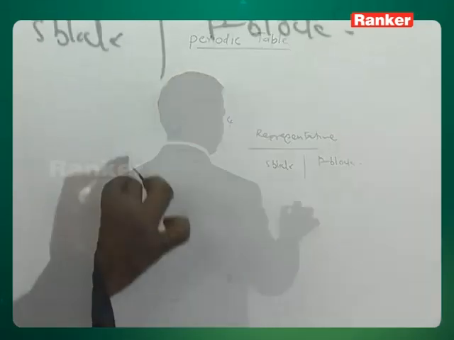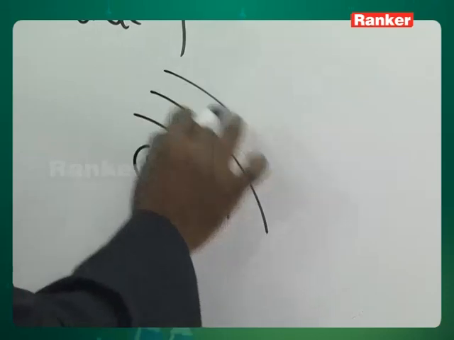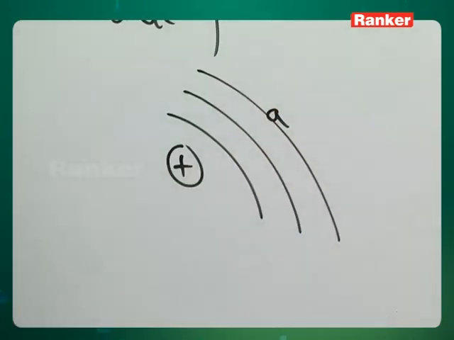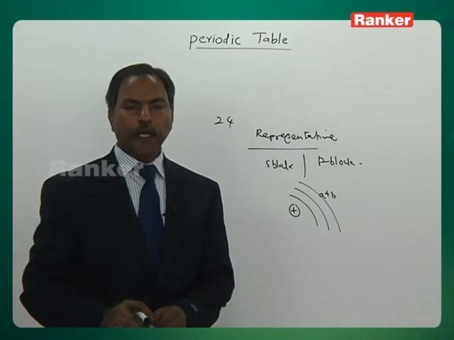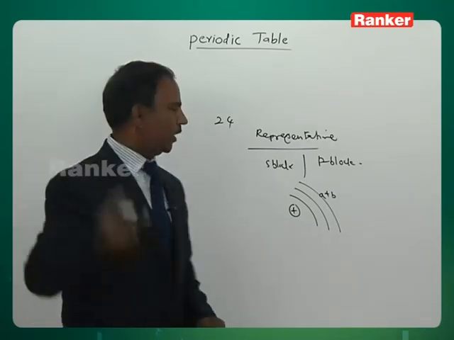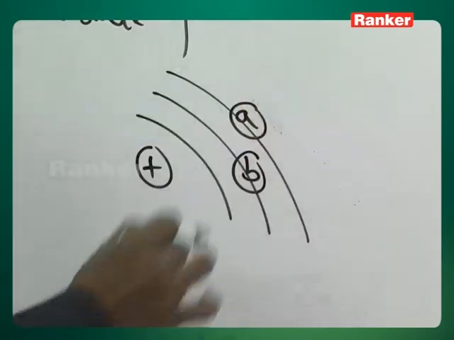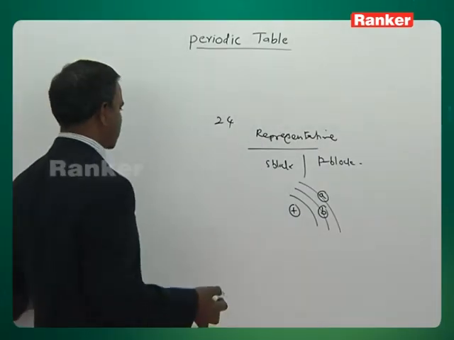Let us see, three shells we write: first shell, second shell, third shell. The outermost electrons are A electrons and the penultimate shell electrons are B electrons. This is only for representative elements.